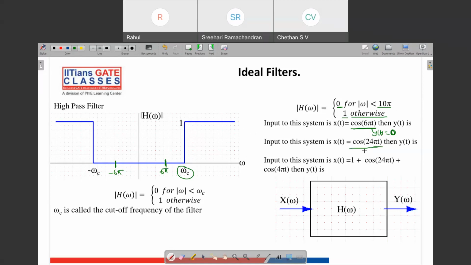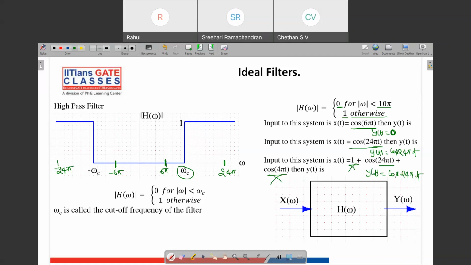Now this signal is going to pass through this filter, which is located somewhere here. So in this case, y(t) will simply be equal to cos 24 pi t. Now in the last case, we have a DC, we have 24 pi, and we have 4 pi. In this case, this portion will get rejected, this portion will get rejected, so y(t) will be equal to cos 24 pi t.